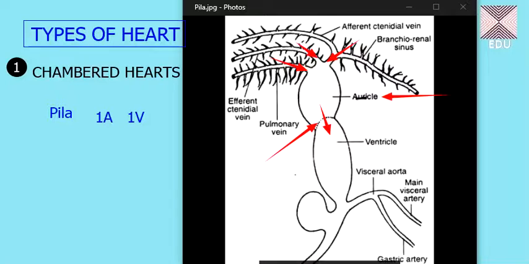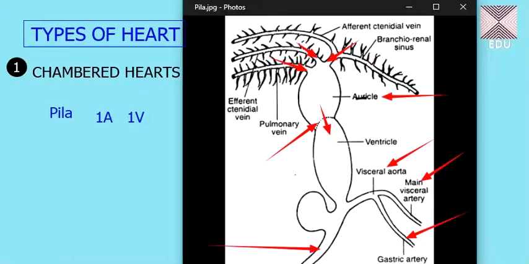So this is the basic cephalic aorta which is coming out of the ventricle. This is the ventral aorta which is going to the viscera, and this is the cephalic aorta which is going to the head part, and here we have the gastric artery, and this is the main visceral artery which is coming out of the ventricle of the pila. So that was about the heart of the pila.